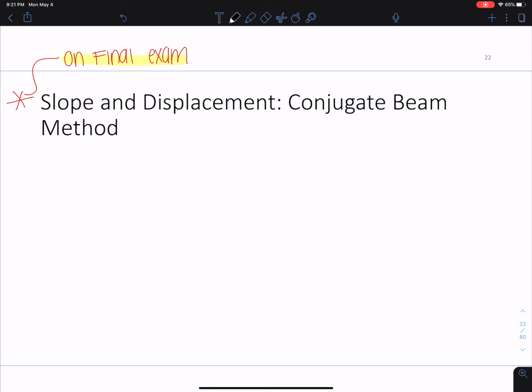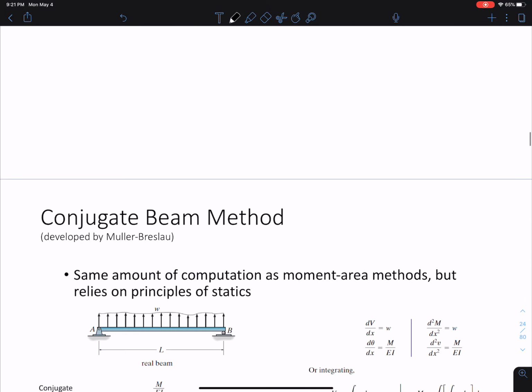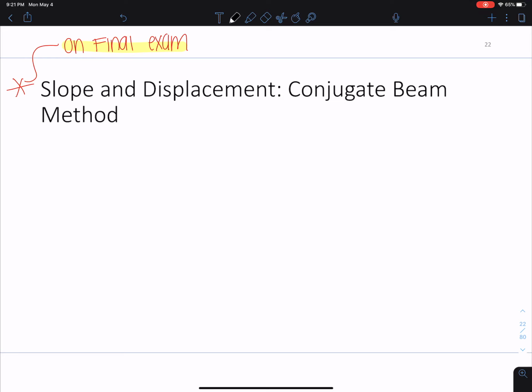Okay, so I'm going to go through this part a little slower, and then I'm going to write some stuff down, and then I have some parts that are already written down that's kind of for you to go over and review on your own. So the idea behind the conjugate beam method is you get to solve for slope and deflection by only having knowledge of statics.